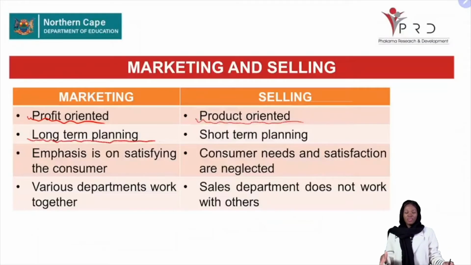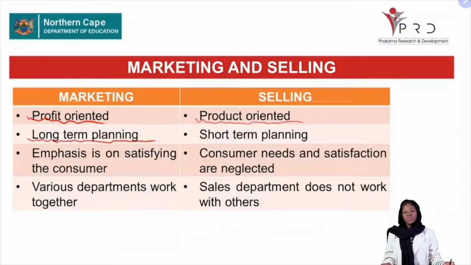Okay. Now, there is a difference between marketing and selling, and most people tend to confuse the two. Now, marketing is profit oriented, meaning our main focus is on the profit. At the end of the marketing, we should be able to obtain a profit.